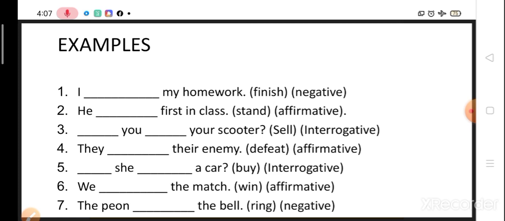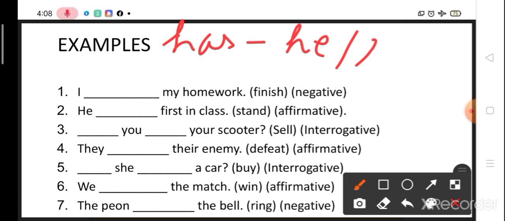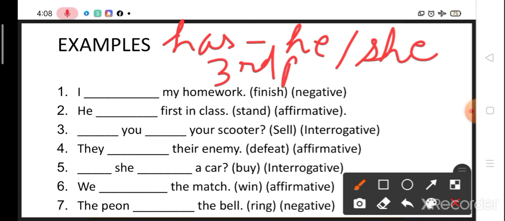Just a minute. Yes. We use has with he or she, that is third person singular. And rest everywhere other than he and she, we will generally use have.